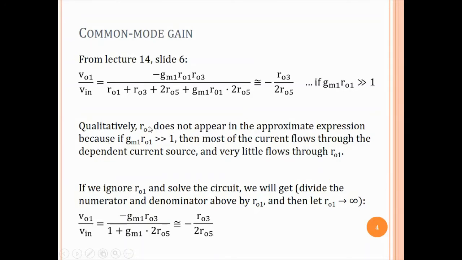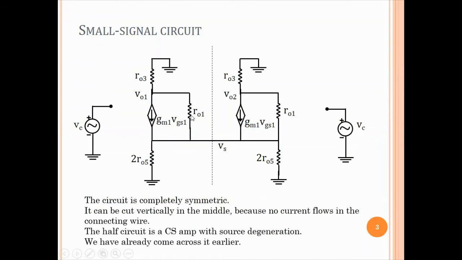It is interesting to recognize that in the approximate expression, RO1 is not appearing. This is dependent only on RO3 and RO5. Now, why would that be? The reason is that when we make this assumption that GM1 RO1 is much greater than 1, and if you look at this circuit, there are two paths for the current to flow in M1, either through the current-dependent source or through RO1.